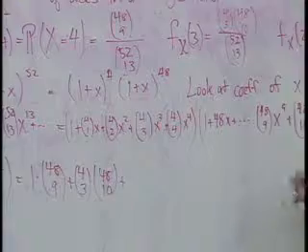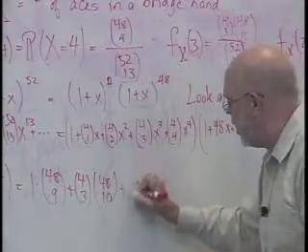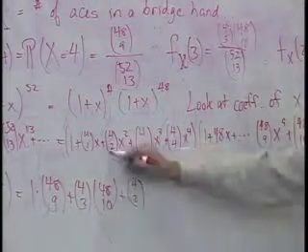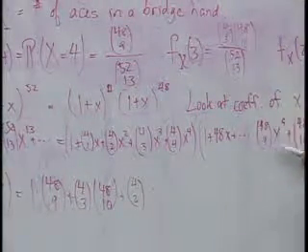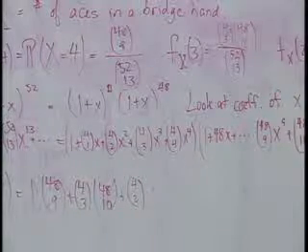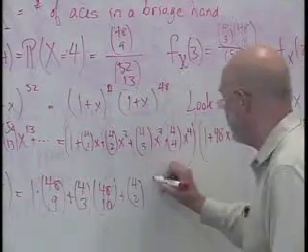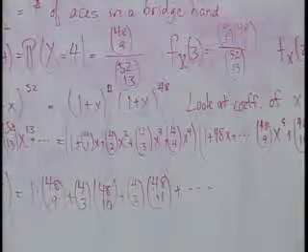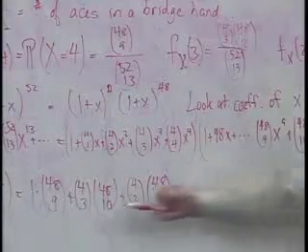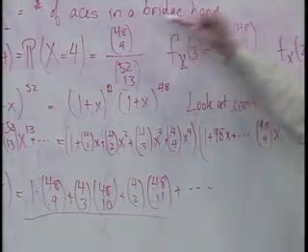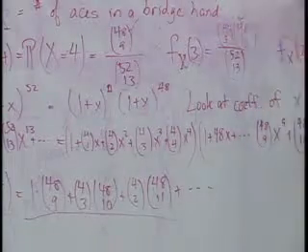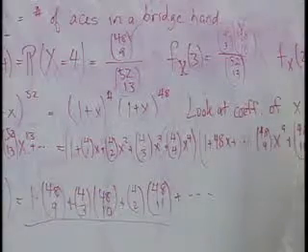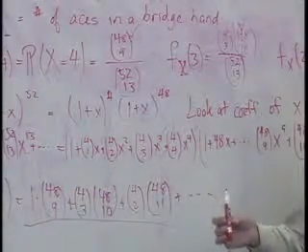Another way of getting x to the 13th is by multiplying 4 choose 2, which is the coefficient of x squared, by what? 48 choose 11, x to the 11th. And there are 2 more terms, and you will see that these 5 terms are the numerators in my mass function. When we add them all up, they add up to 52 choose 13, which is the denominator.